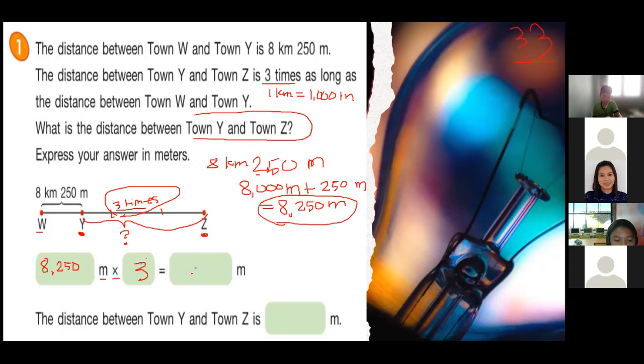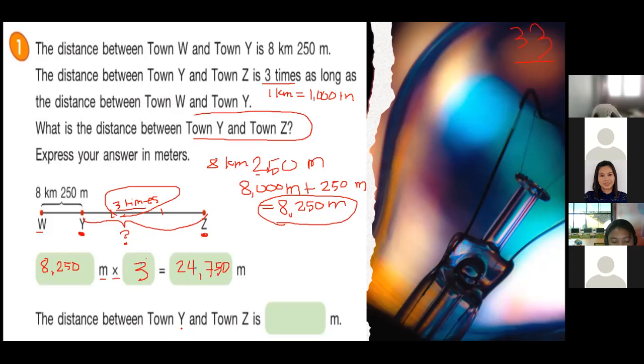Okay, what is your answer here? 8,250 times 3. That is 24,750 meter. Okay, so that is the answer.